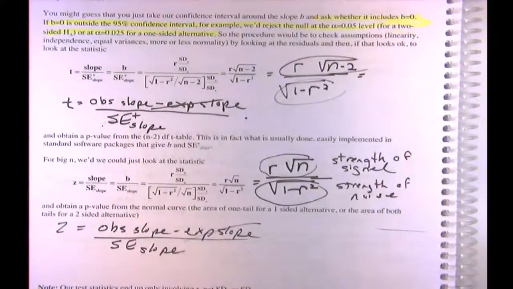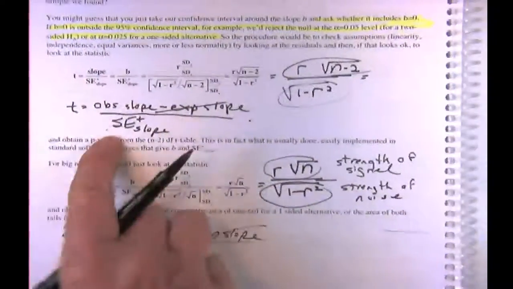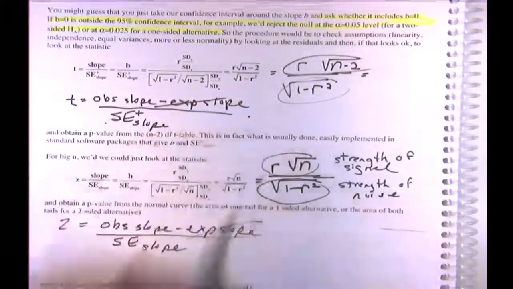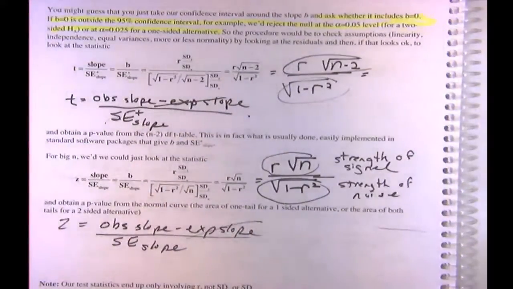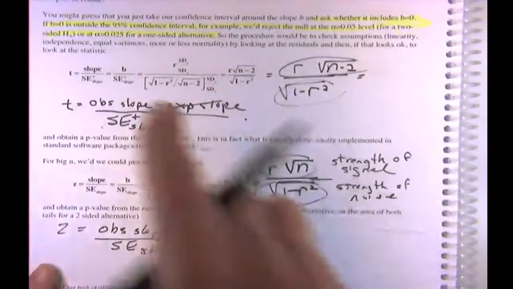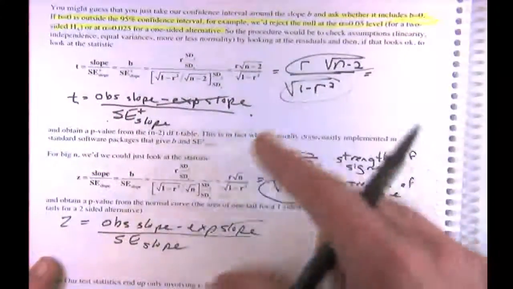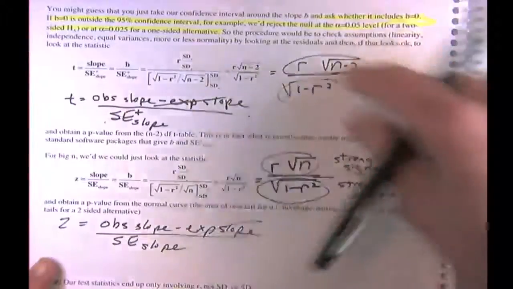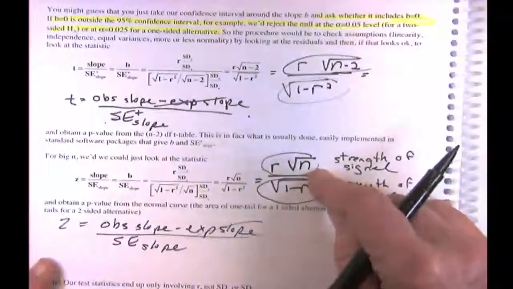It's particularly nice because when we look at the logic of how we do a significance test, we're really not doing this. It's this that's distributed as a t, and this is distributed as a z.